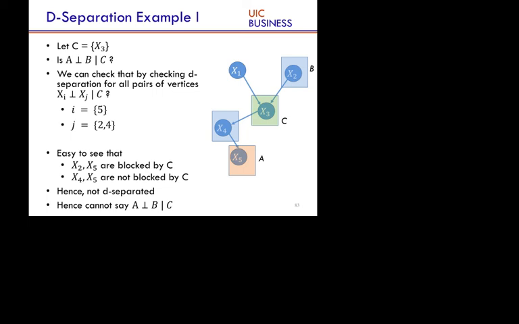And for the second pair of vertices, in this case x4, x5, there is no C in between in that path, so it's not blocked, right? And because these were the exhaustive set of vertex pairs, and since one of them is not blocked, it's not d-separated. And hence we cannot say that A is conditionally independent of B given C. Okay.